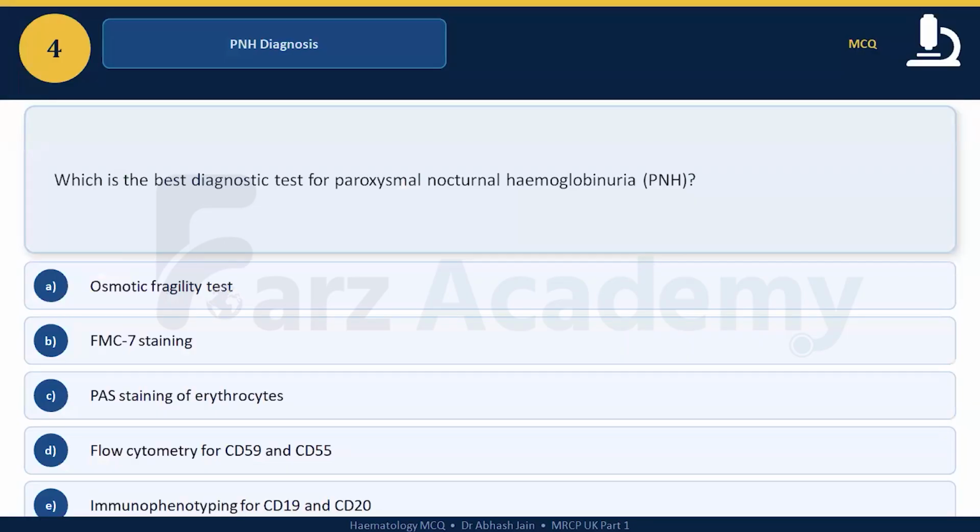Which is the best diagnostic test for paroxysmal nocturnal hemoglobinuria out of the following five? Osmotic fragility test, FMC7 staining, PAS staining of erythrocytes, flow cytometry for CD59 and CD55, immunophenotyping for CD19 and CD20.